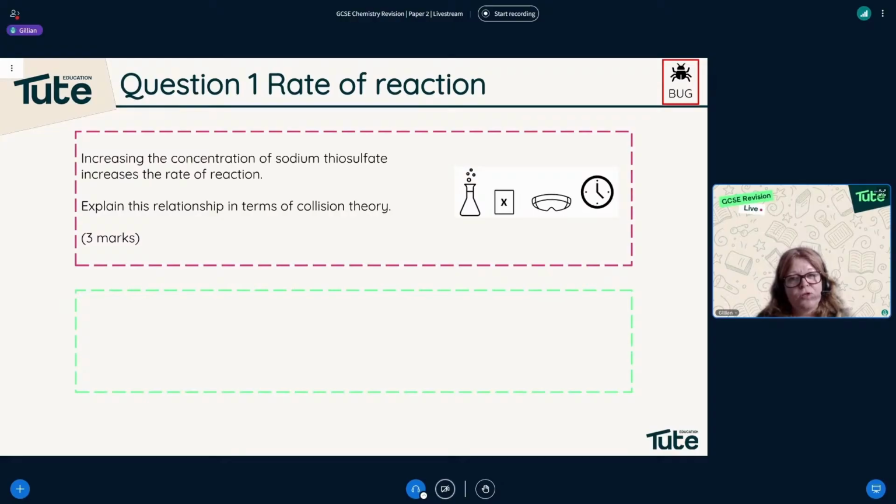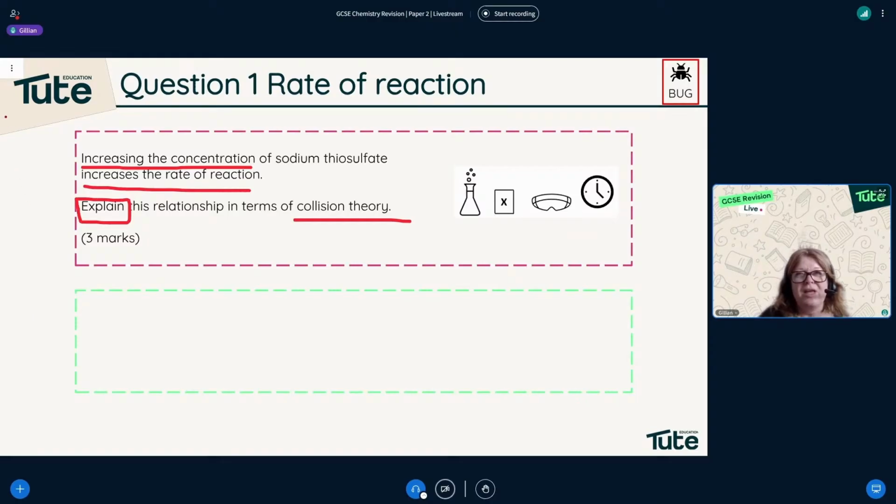Now, next question. I'm going to go into this a little bit deeper. Increasing the concentration of sodium thiosulfate increases the rate of reaction. We need to explain, there's that command word again, this relationship in terms of collision theory. This is a 3-mark question, so I need to make 3 points about collision theory.